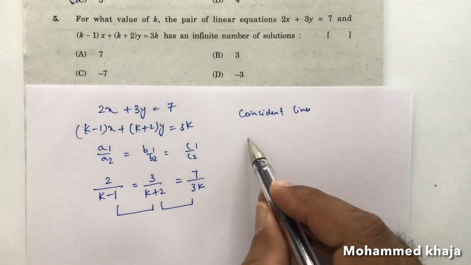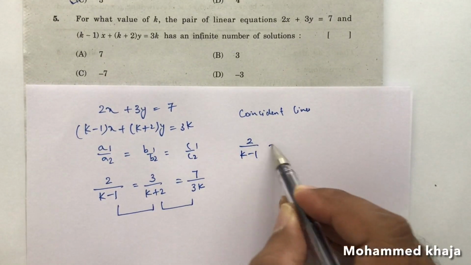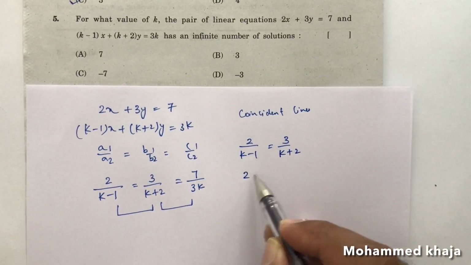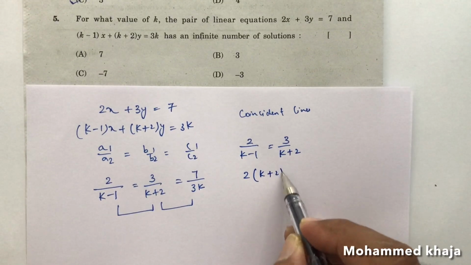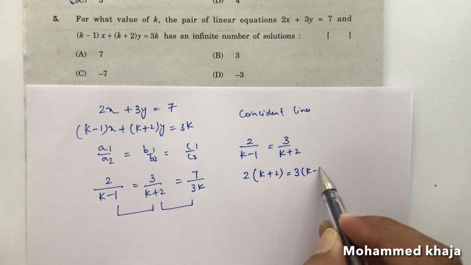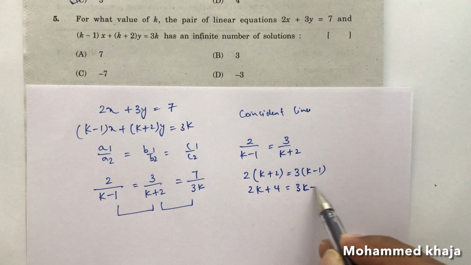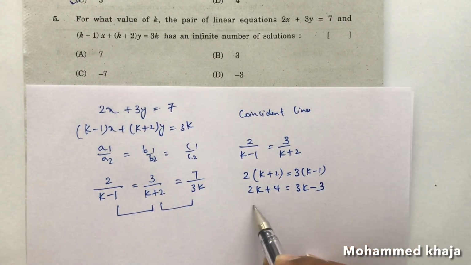So I'll take first and second. 2 by k minus 1 equals 3 by k plus 2. Cross multiply. 2 times k plus 2 equals 3 times k minus 1. 2k plus 4 equals 3k minus 3.